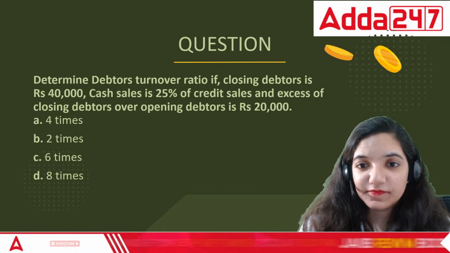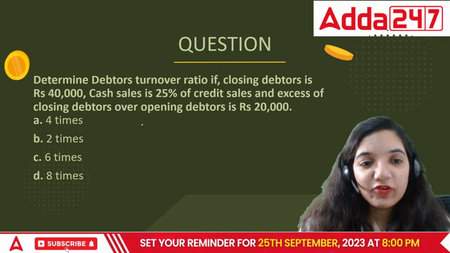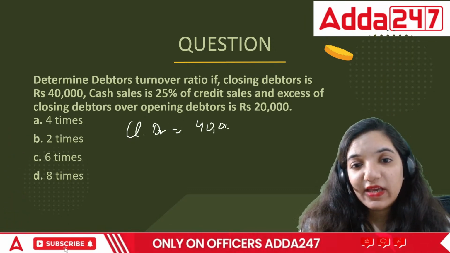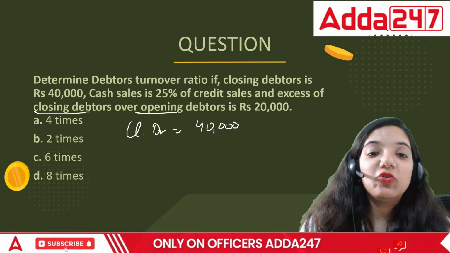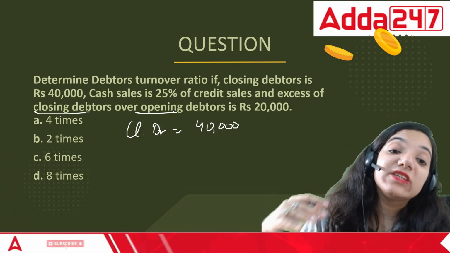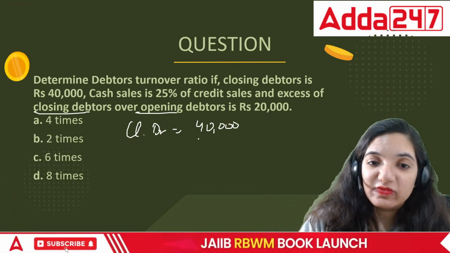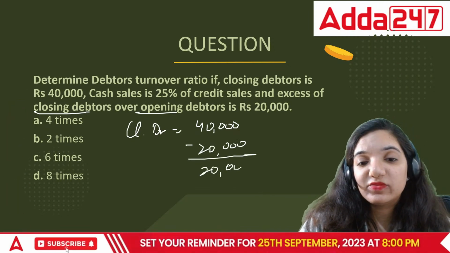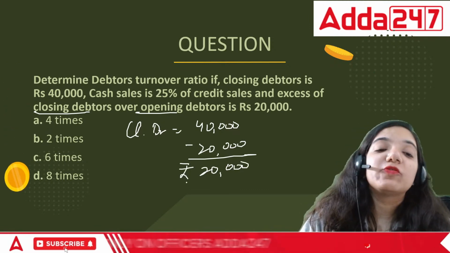First of all, closing debtor is 40,000. Excess of closing debtor over the opening, that is, closing is more than the opening by 20,000. So let's reduce 20,000. We are left with 20,000. Our opening debtor is rupees 20,000.